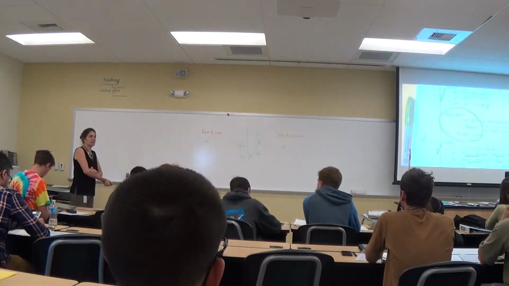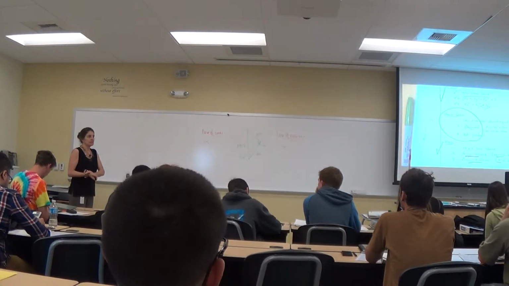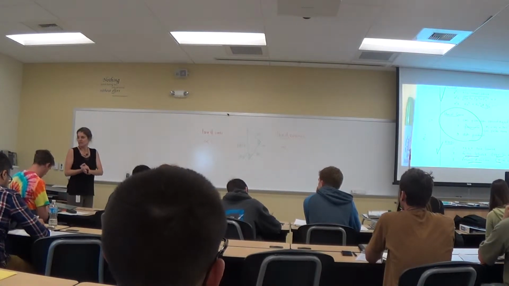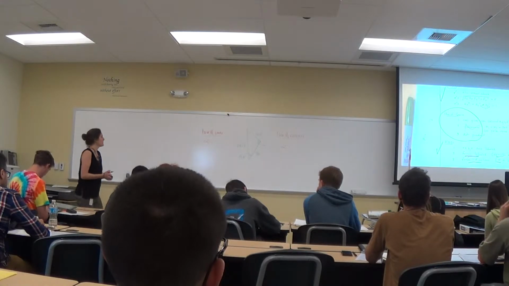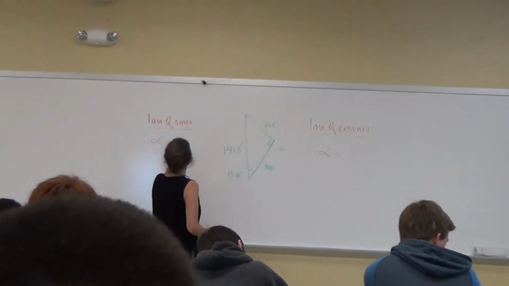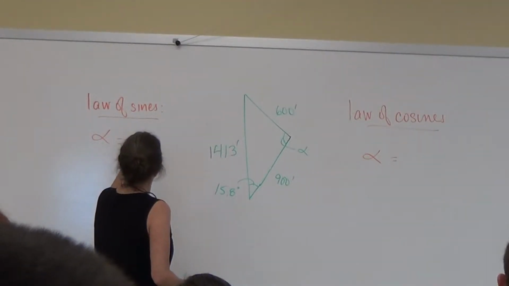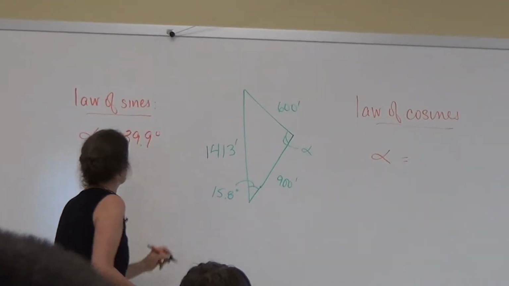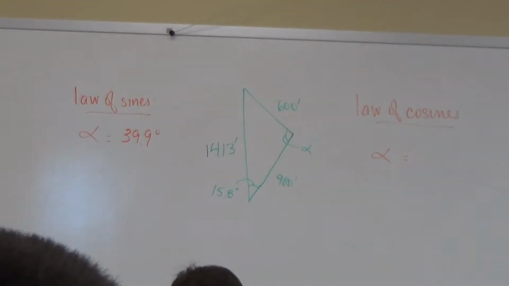What numbers did you get so far? With law of sines, I got 39.90. Somebody else get that for law of sines? Okay, how about law of cosines? What did you get?